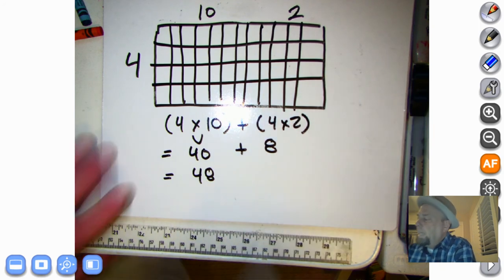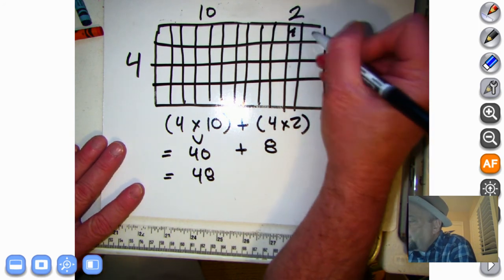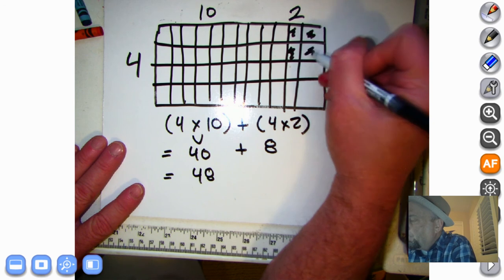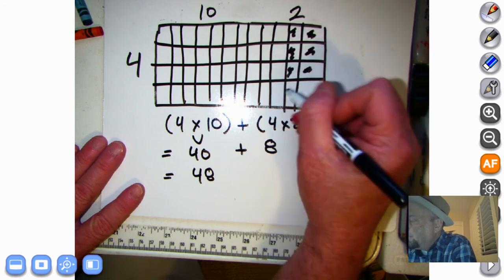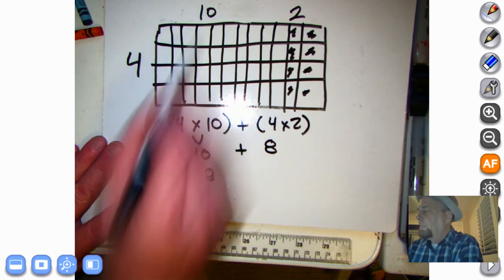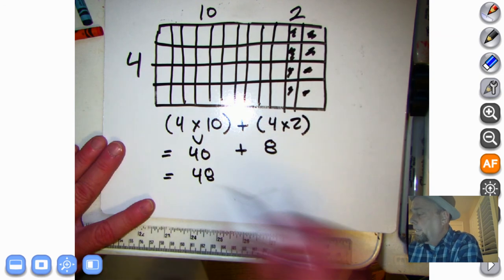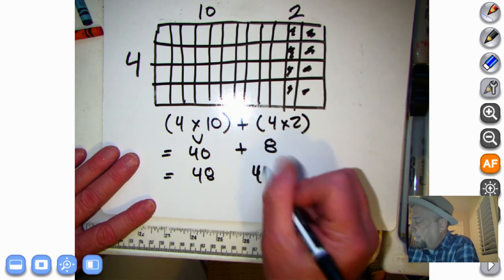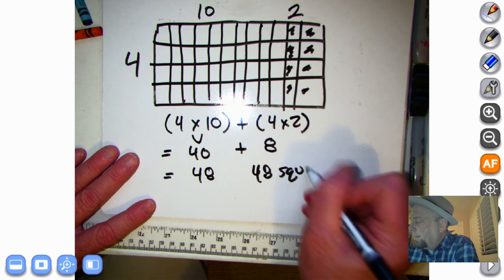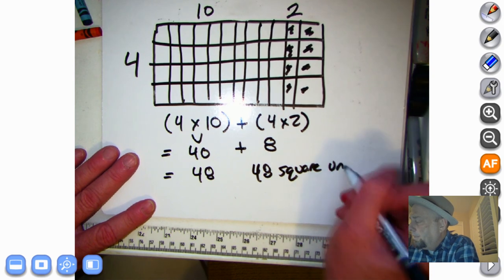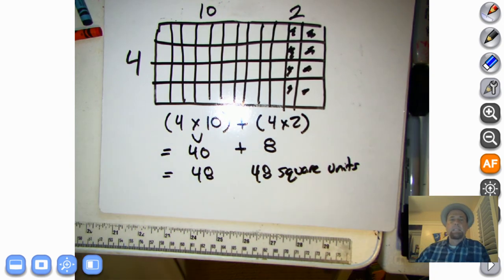Okay, and I could also shade the 2 part: 1, 2, 3, 4, 5, 6, 7, 8. So I know 4 times 10 is 40, and 4 times 2 now is 8. So it would be 48 square units.